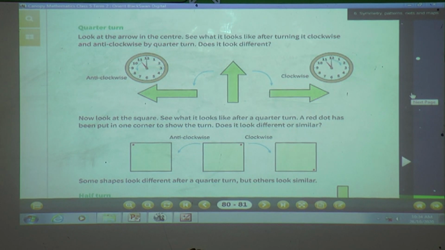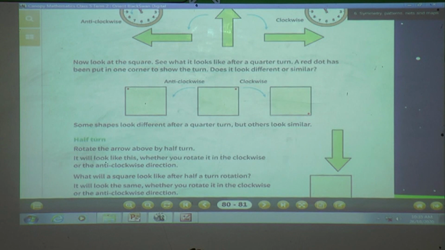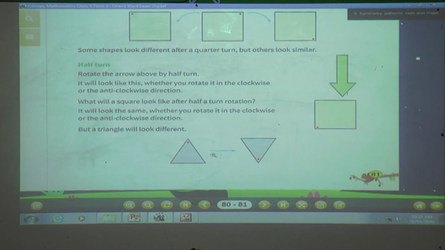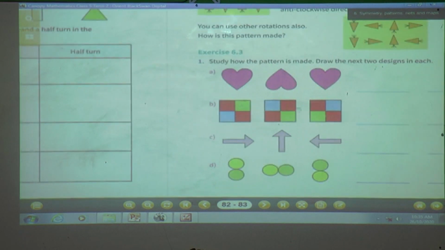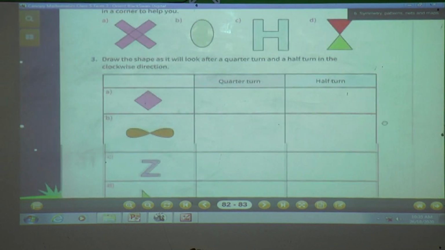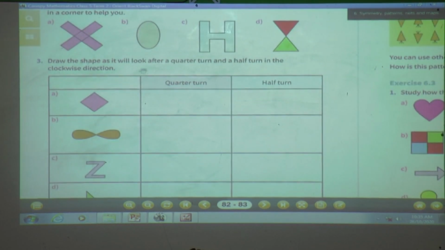See, students, in the half turn the figure will look like this. Now exercise 6.2. Here we have to draw the quarter turn and half turn.